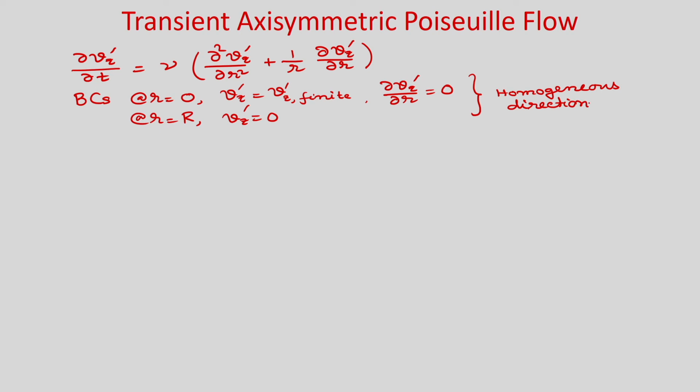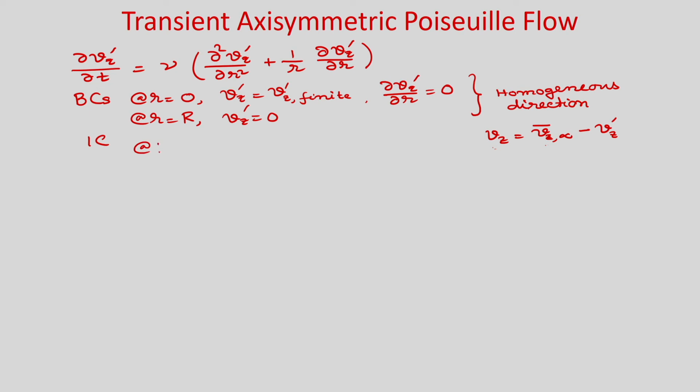And what is the initial condition? Because you have Vz is equal to V bar z infinity minus Vz prime, and this is the solution of steady Hazen-Poiseuille flow, and Vz is 0 at t is equal to 0.